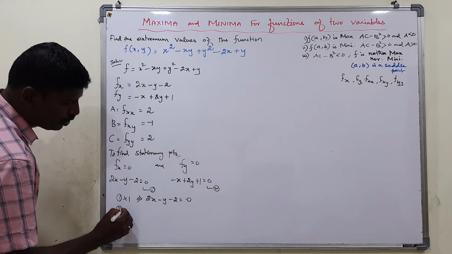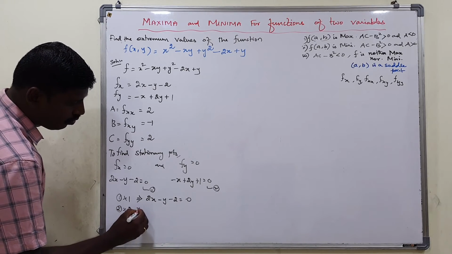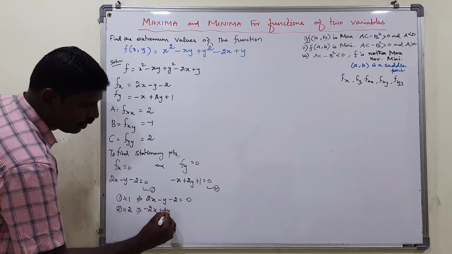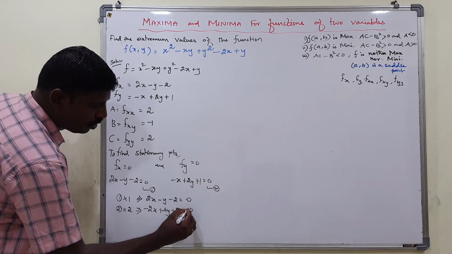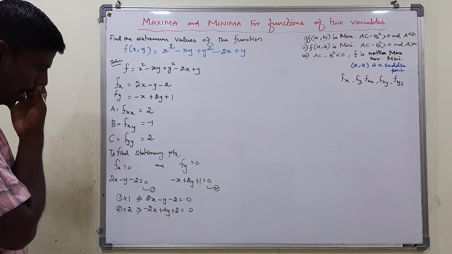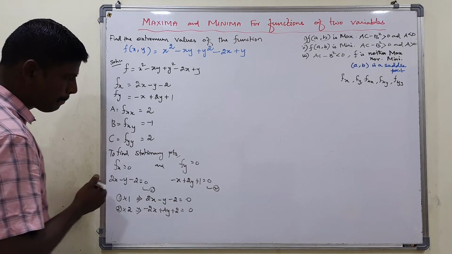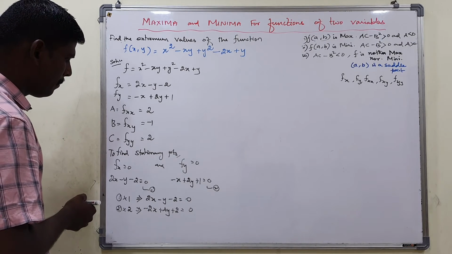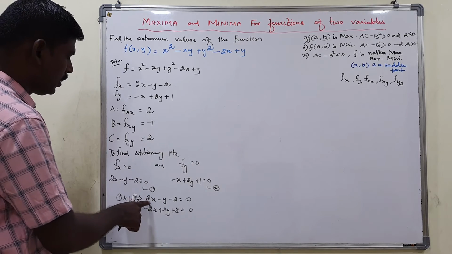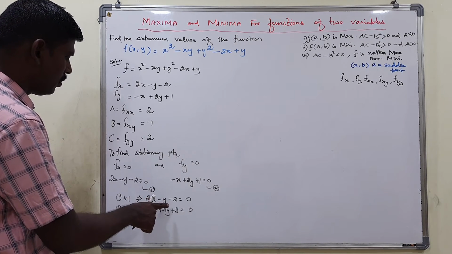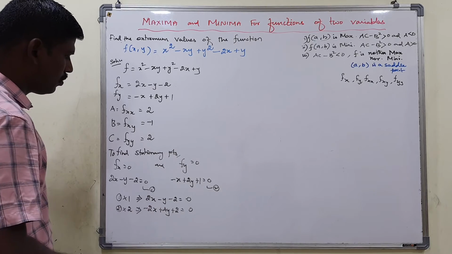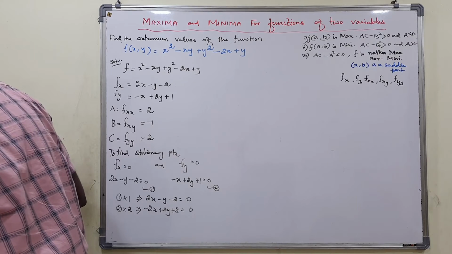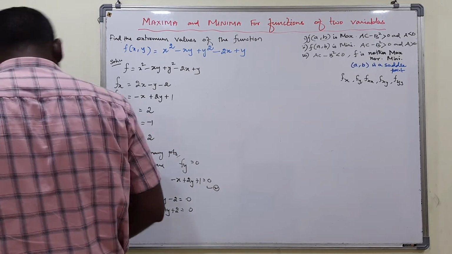And then the second equation into 2, what you will get? -2x + 4y + 2 = 0.